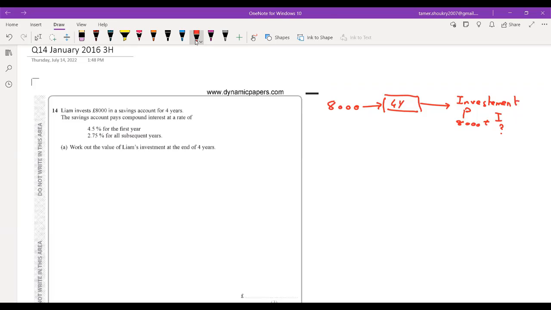So the question is about the investment. The type of interest is compound interest.